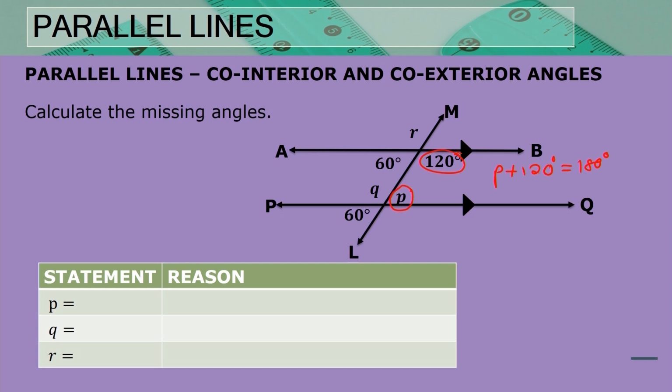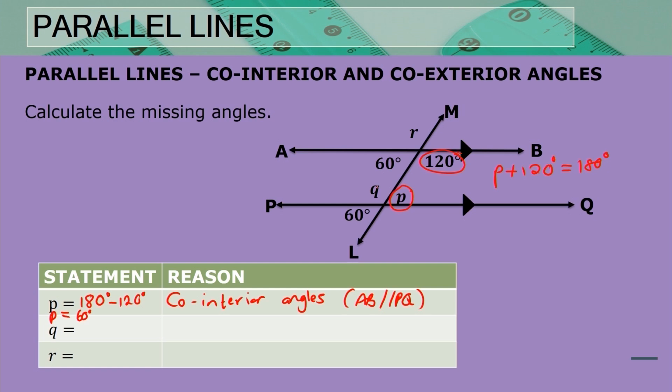So for us to find P, we can use the additive inverse of 120, and we can say there that it is 180 minus 120 degrees. Now our reason for this will be that these are co-interior angles, and we are only saying that they are supplementary because AB is parallel to PQ. So this means that our angle for P will be 60 degrees.